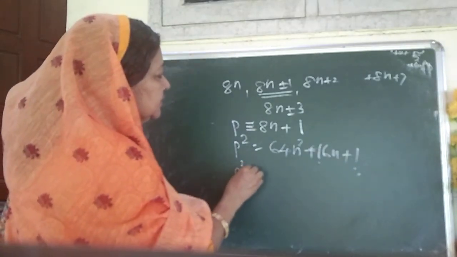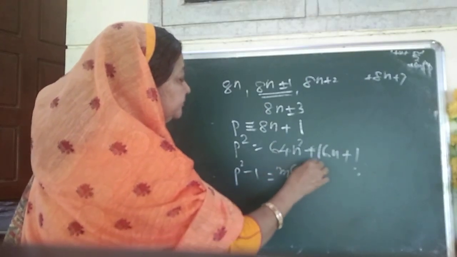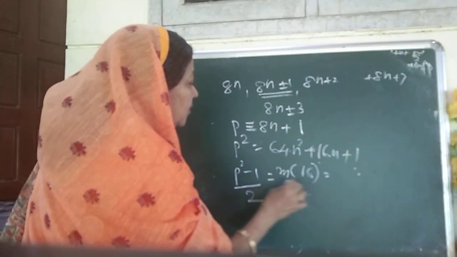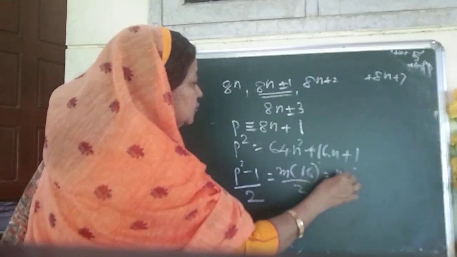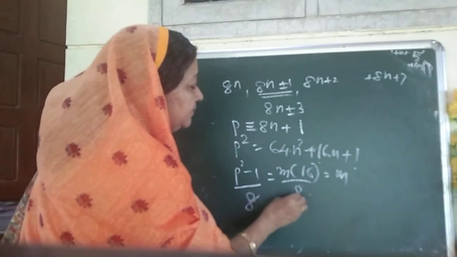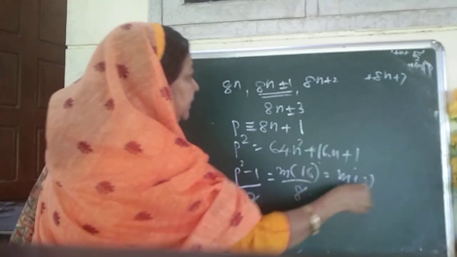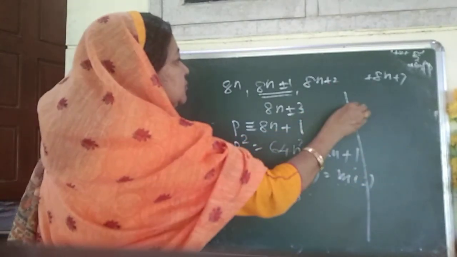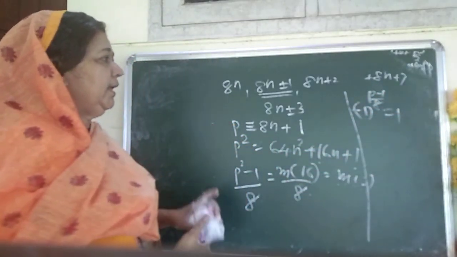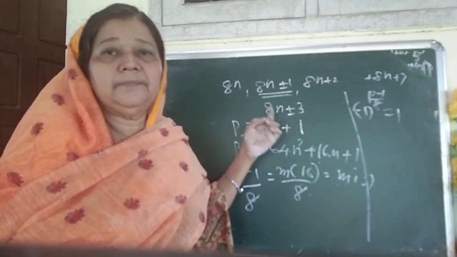Therefore, p square minus 1 is a multiple of 16. Therefore, p square minus 1 by 8 is a multiple of 16 by 8, which is a multiple of 2. Therefore, minus 1 raised to p square minus 1 by 8 equals 1 if p is of the form 8n plus 1 or 8n minus 1.